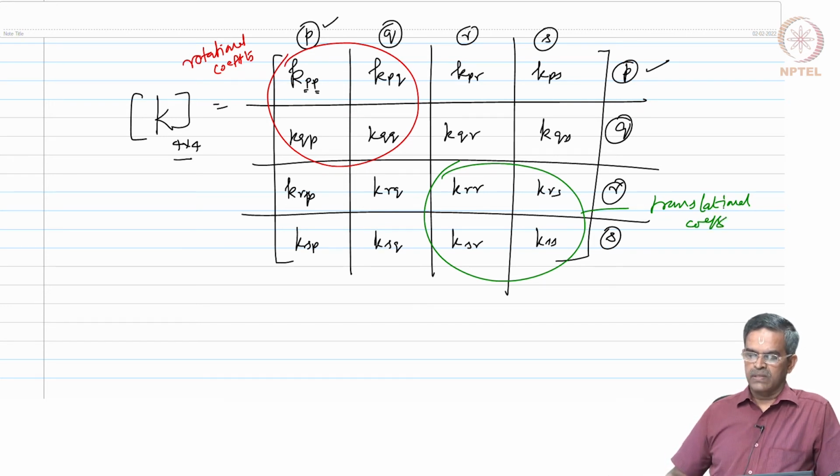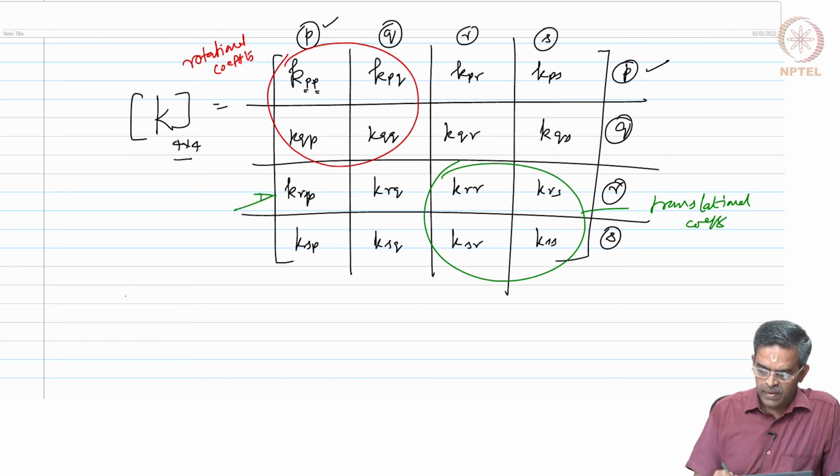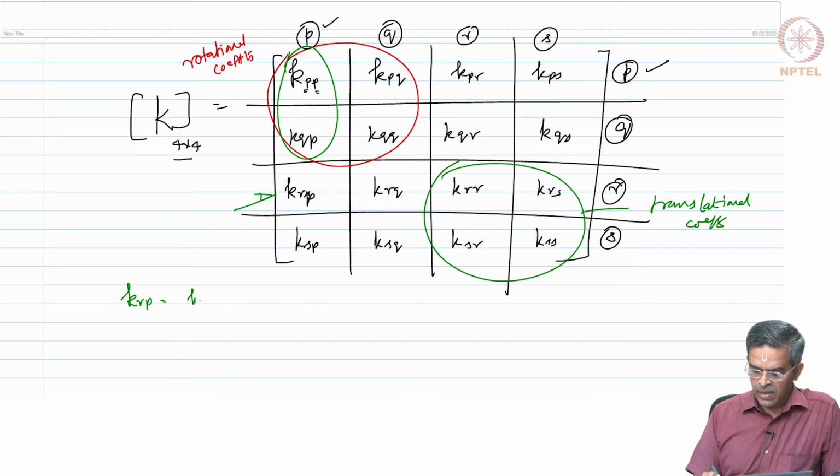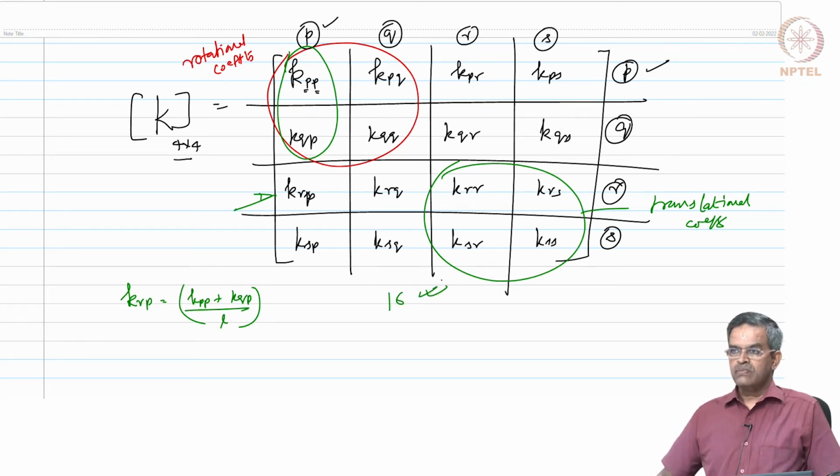And we derived the remaining coefficients as a function of these, is it not? For example, I am just revising. KRP is the sum of these two divided by L. So, I can say KPP plus KQP by L and so on and so forth. So, we have got all the 16 coefficients learnt and understood for a standard fixed beam, neglecting axial deformation.